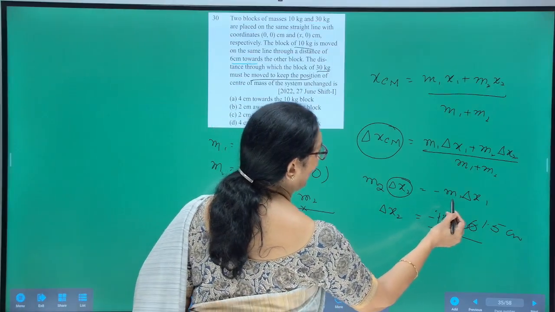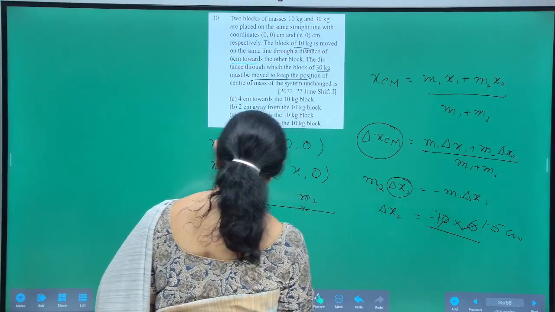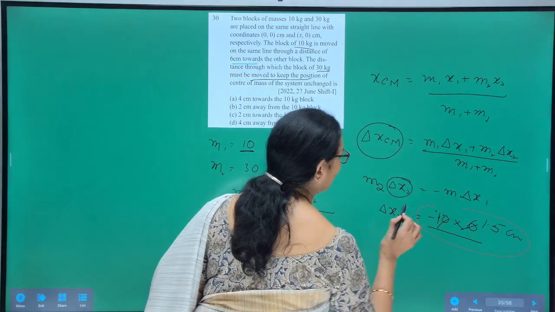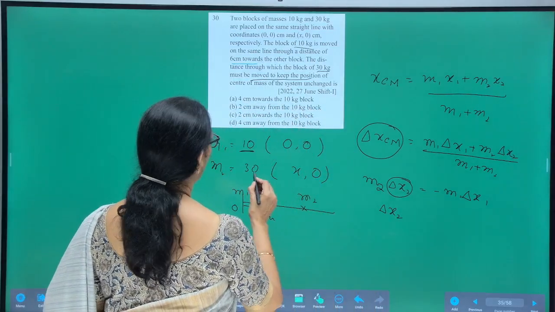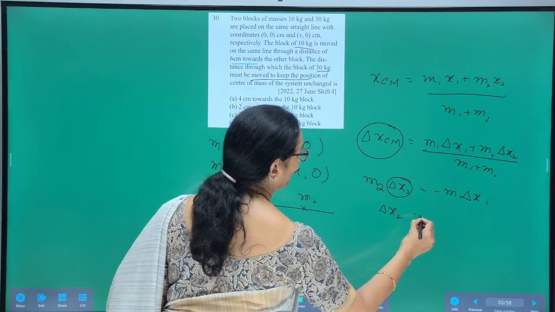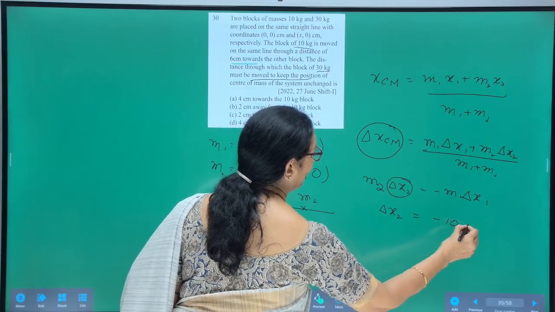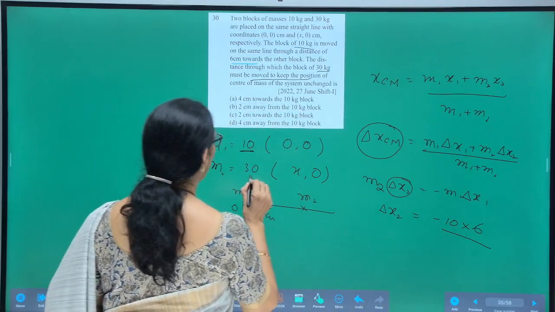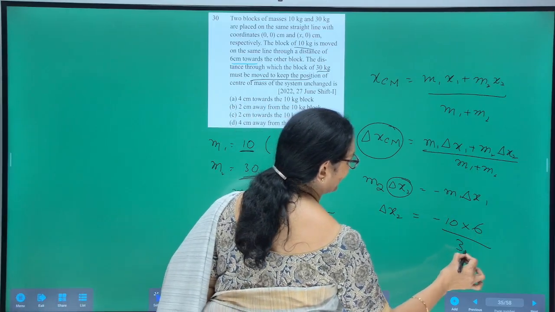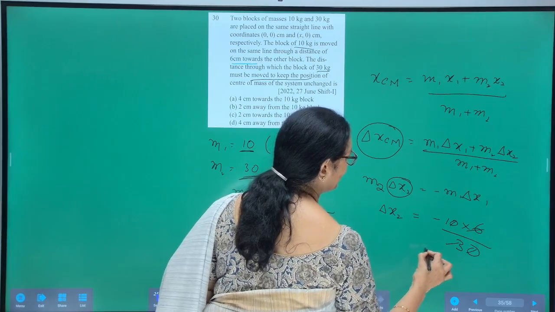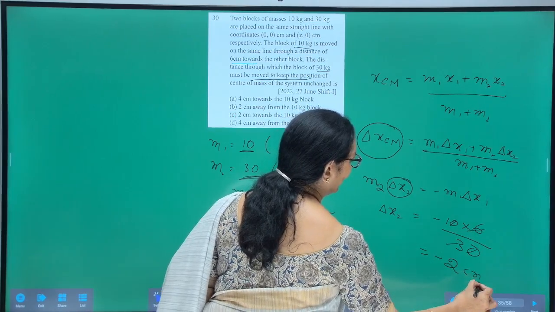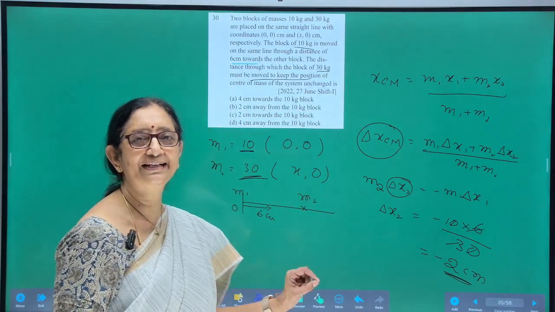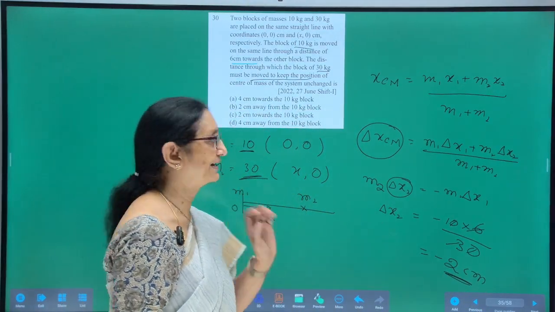See, this is m1 delta x1 by m2. So m1 is 10 here, x1 is 6 here, m2 is 30. So this is 2 centimeters. Minus sign indicates it is moved along the negative x-axis.